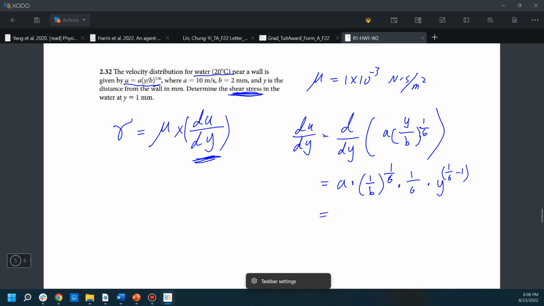So we can reorganize this equation, and we will get the new equation that is equal to a over 6b times b over y to the power of 5/6.